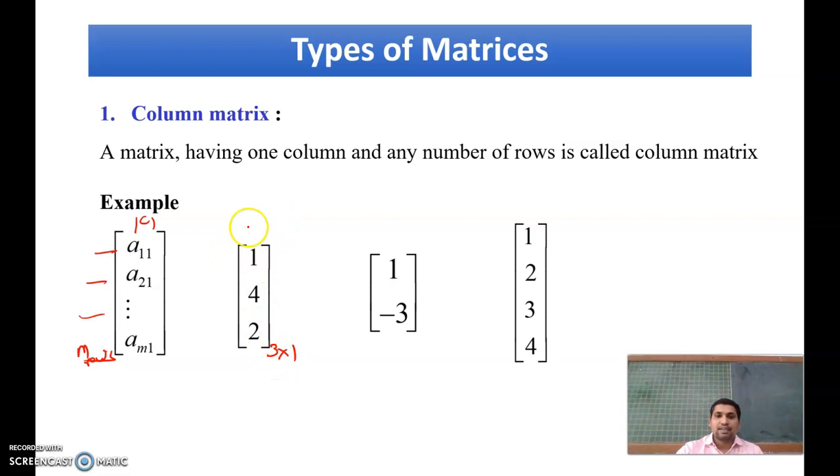In this matrix there are 3 rows but only one column. Then this is another example, a 2 by 1 matrix, where there are 2 rows and only one column, and this matrix has 4 rows and only one column. So from this we can say that a column matrix has only one column and there can be many rows.